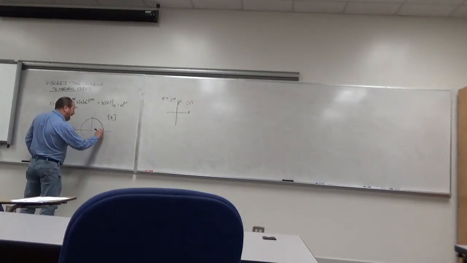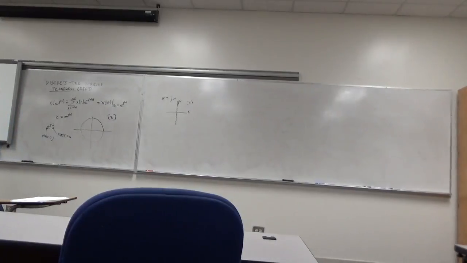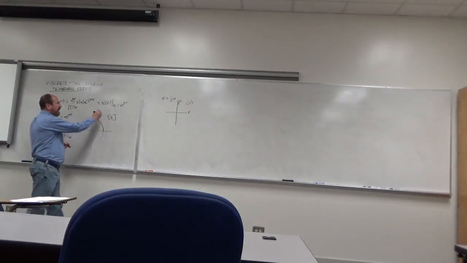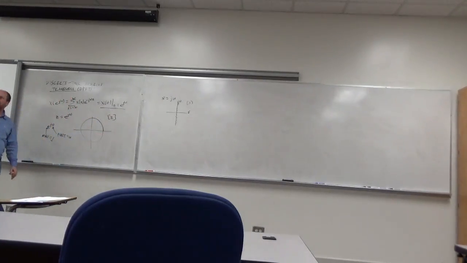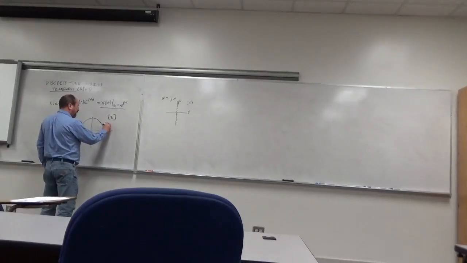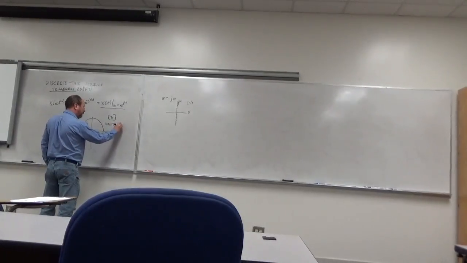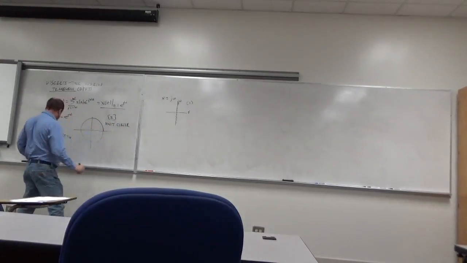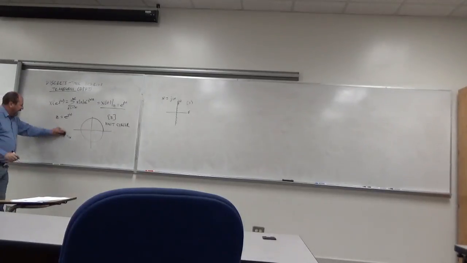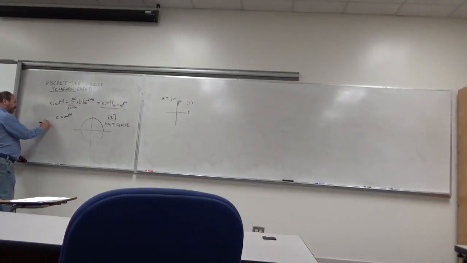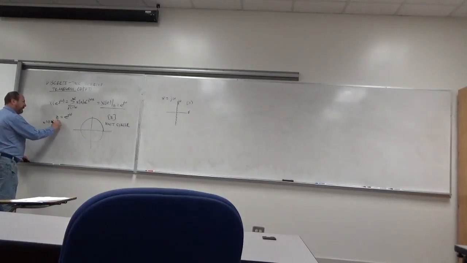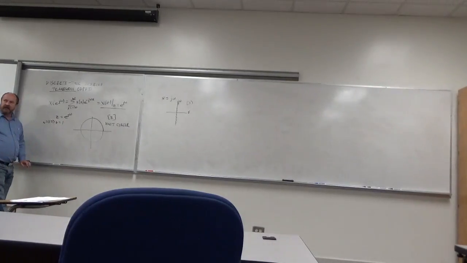So when I say X of z evaluated at z equals e to the j omega, that's just the unit circle. And if you plug in a few values, omega is 0 means that z is e to the j 0, which is 1.